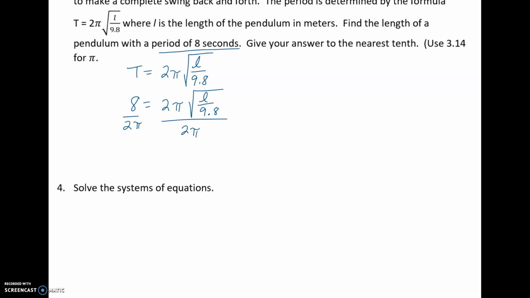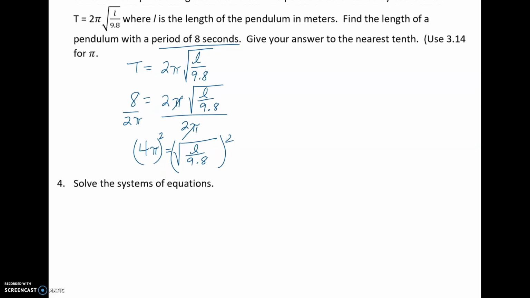When I do that, I end up with 8 divided by 2 is 4 over pi equals, the 2 pi is gone, the square root of that length divided by 9 8/10.